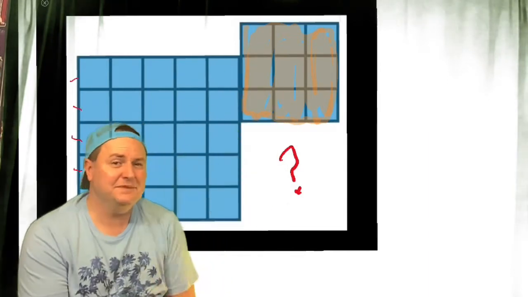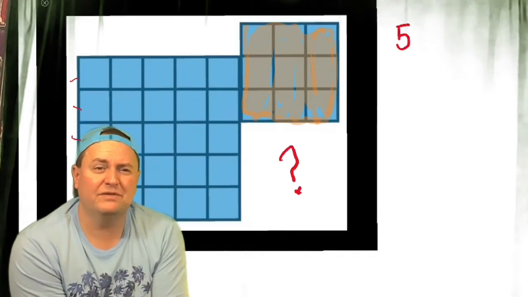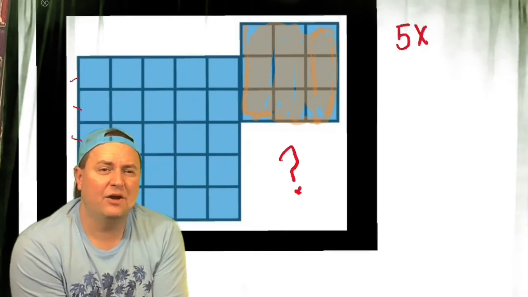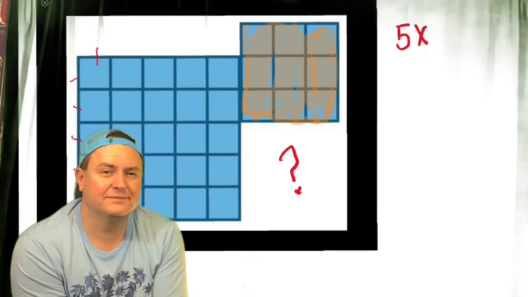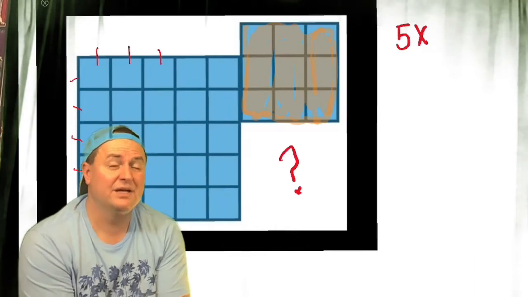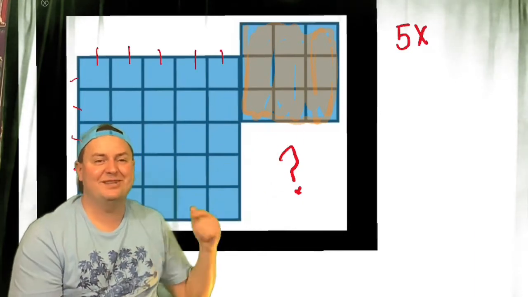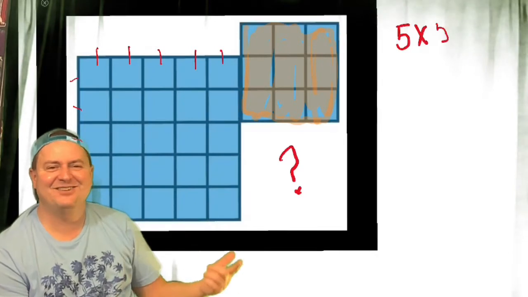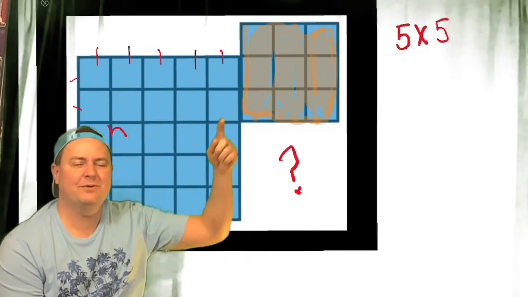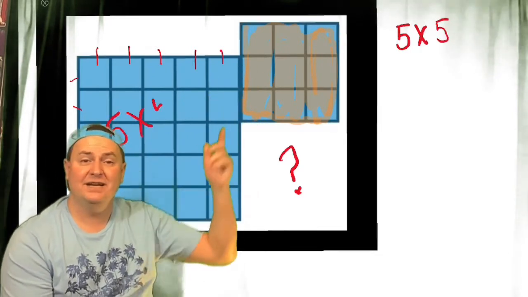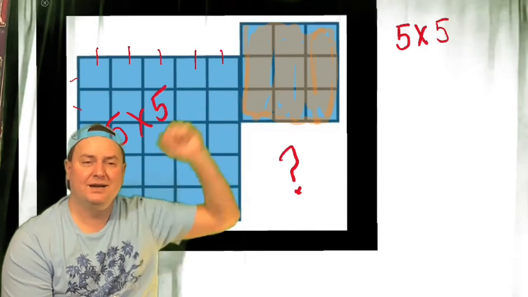1, 2, 3. So 3 times the number of columns. How many columns are there? There's 3 as well. So we know we're going to do 3 times 3 for there. But here, 1, 2, 3, 4, 5. We've got 5 times the number of rows, right?